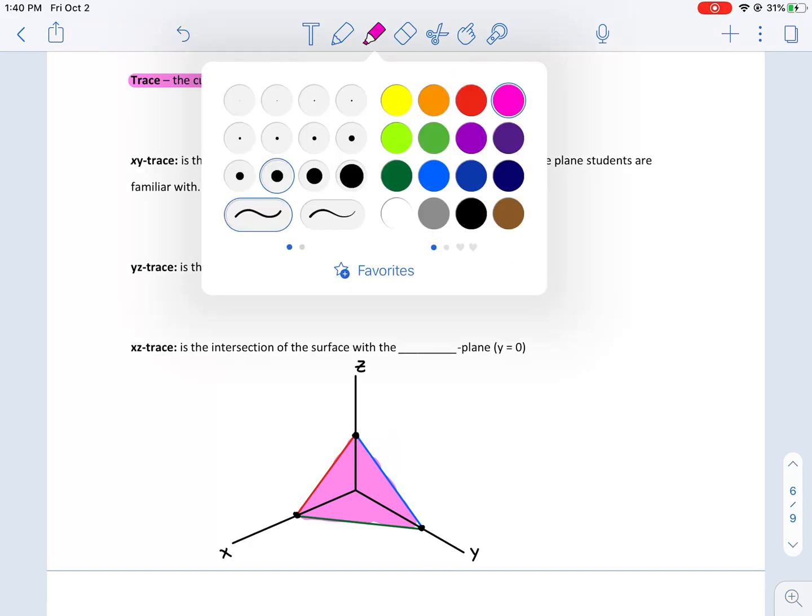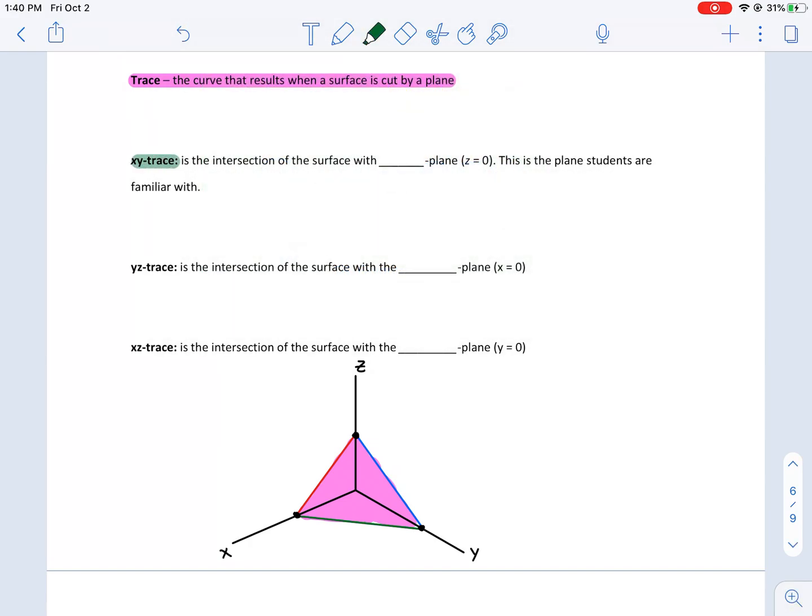And there are three types of traces. The first one is the xy trace. And the xy trace is the intersection of the surface with the xy plane, or where z is equal to 0. Next is the yz trace.